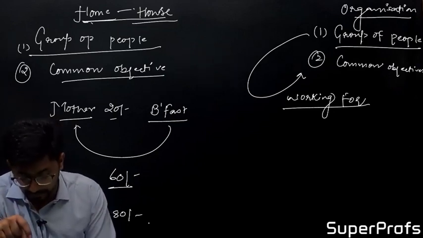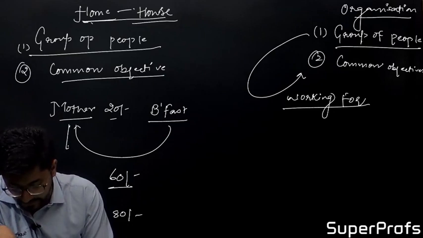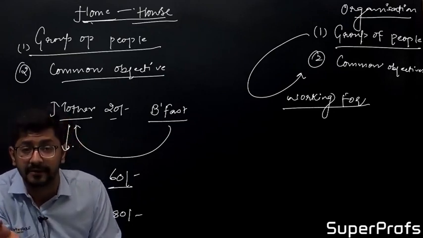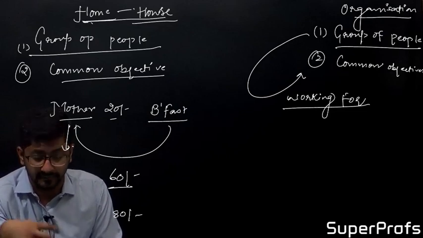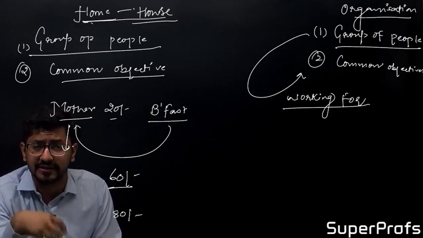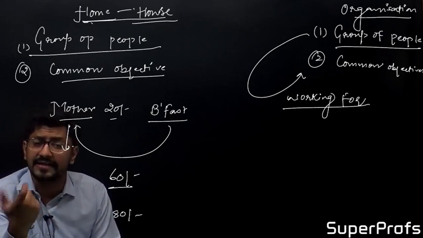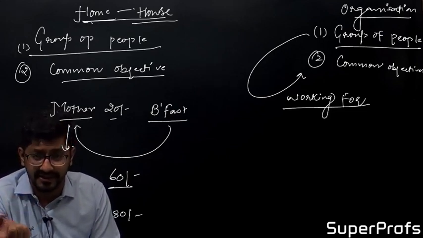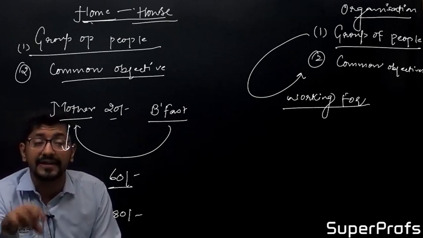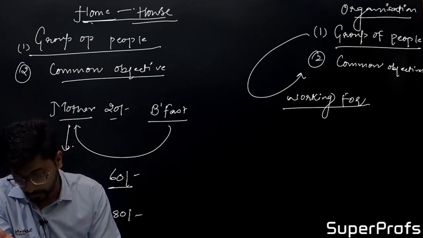Your mother's activity is not for any particular objective or for the benefit of the organization. In an organization, the first element is a group of people, the second element is a common objective, and working for the benefit, working for the profit. But in the home, they are not working for a profit.